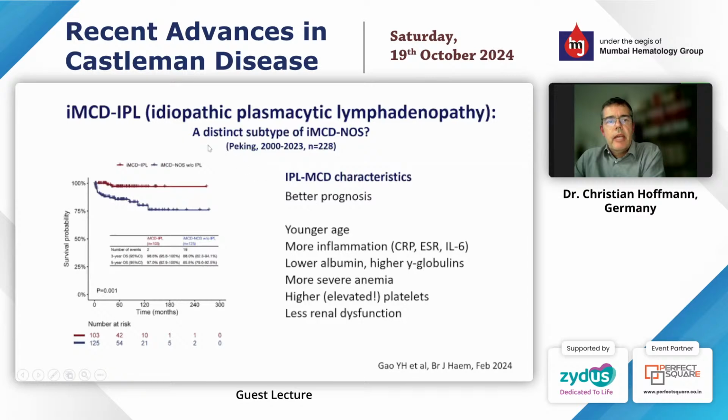What is IPL? IPL is idiopathic plasmacytic lymphadenopathy. And they have found, besides the better prognosis, some characteristics: younger age, more inflammation, lower albumin, more severe anemia, and even elevated platelets and less renal dysfunction. And these patients tend to have a very good prognosis.